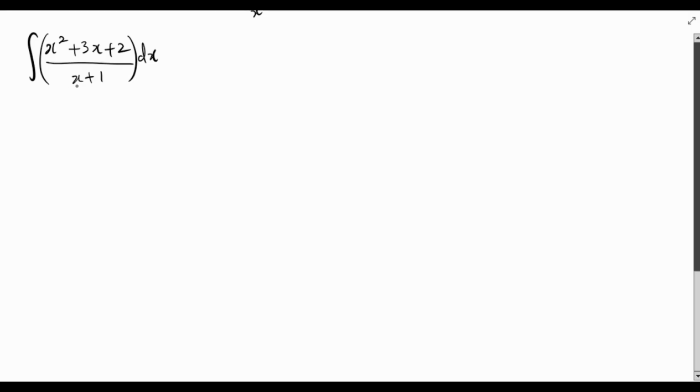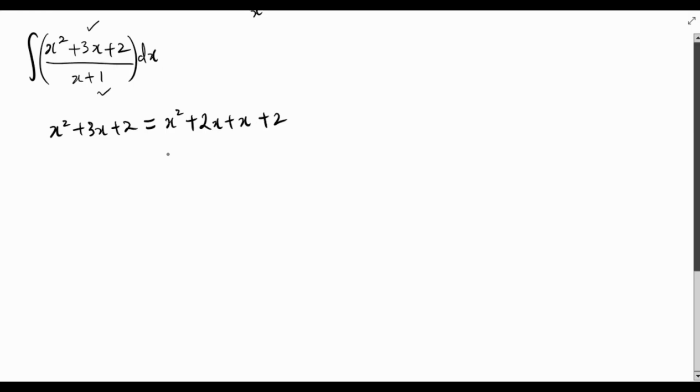So what we'll do is we'll try to see if we can factorize x squared plus 3x plus 2, and if one of the factors is the same as the denominator. If that is the case, then we can divide, right? So x squared plus 3x plus 2, remember factorization, this could be x squared plus 2x plus x plus 2.